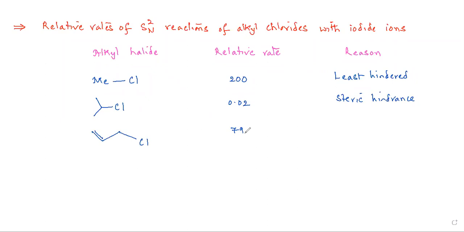The relative rate is this. It is because of pi conjugation. Now, the carbon to which halogen is attached has this pi bond in conjugation. So pi conjugation is very much possible in this.